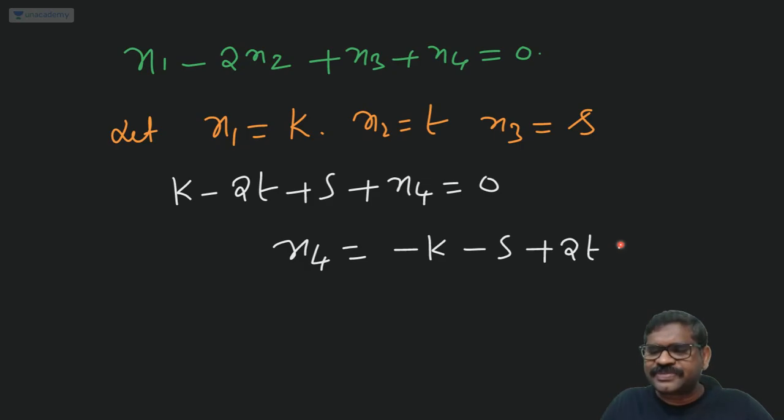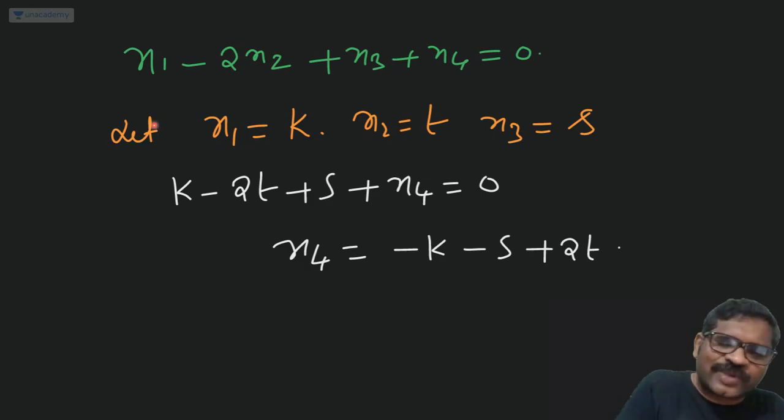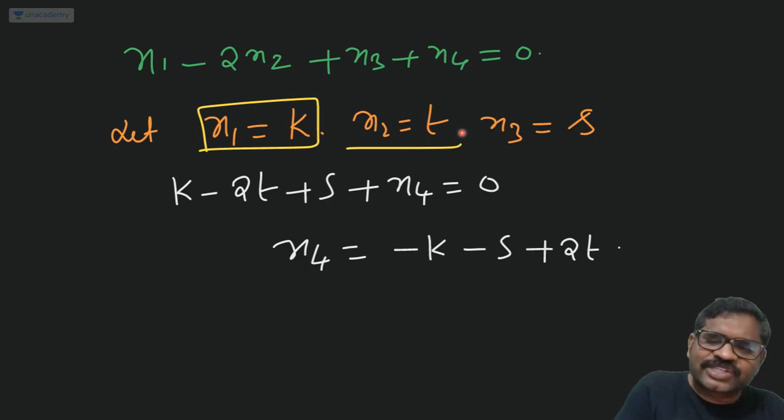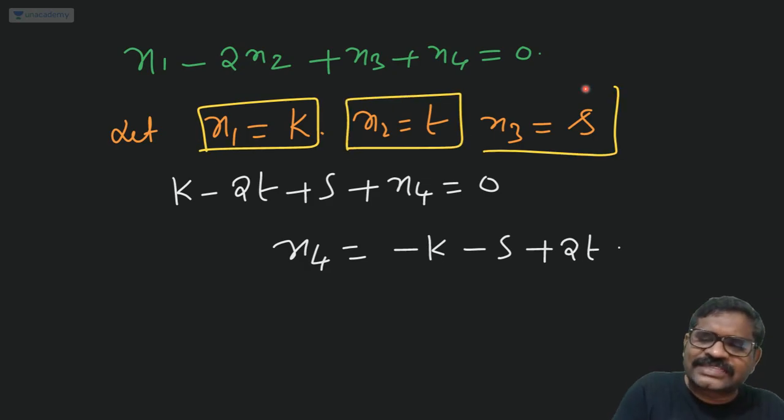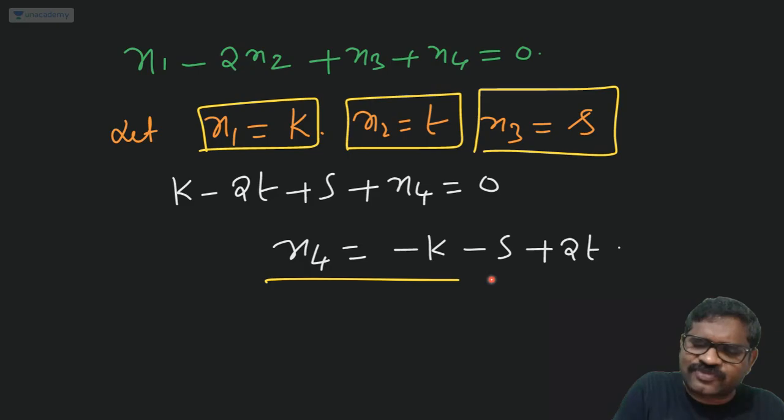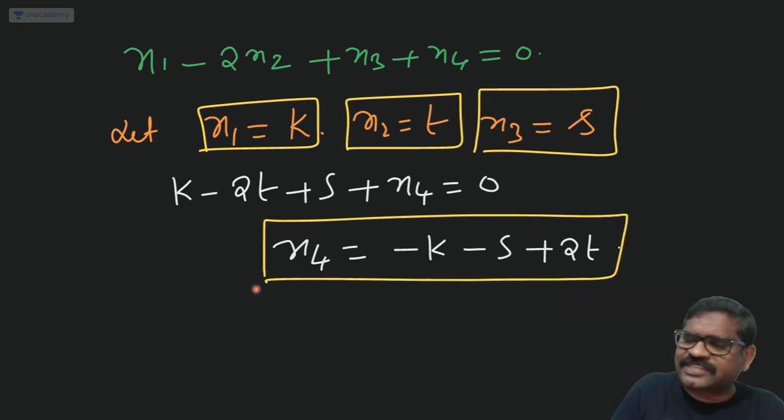Understood? Now x1 is k, x2 is t, x3 is s, x4 is minus k minus s plus 2t.